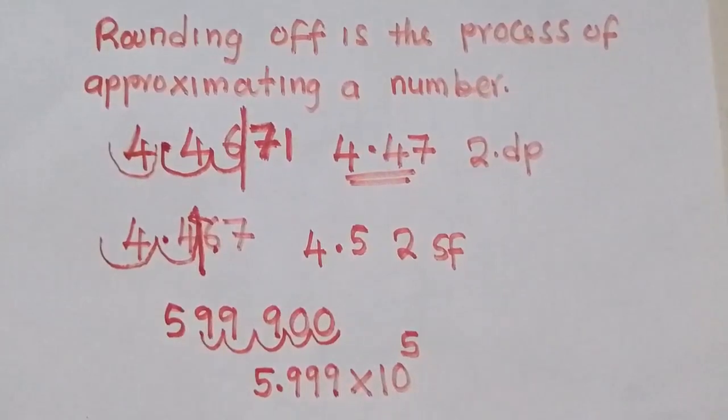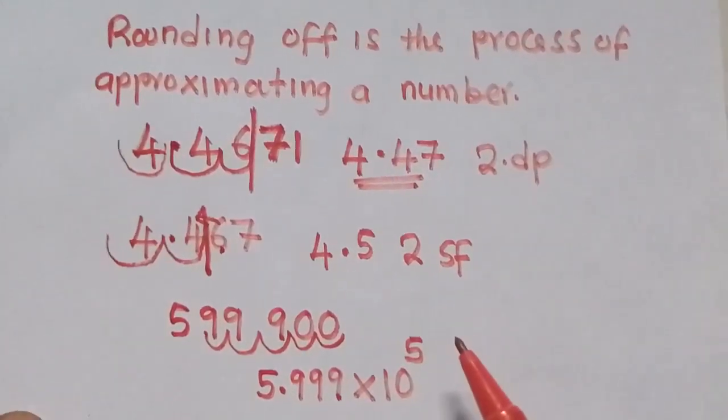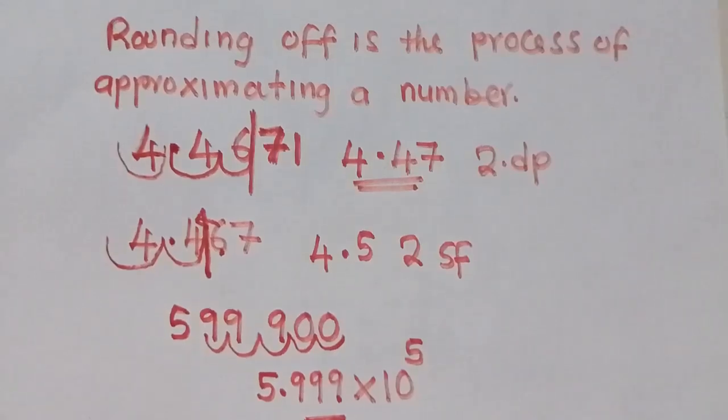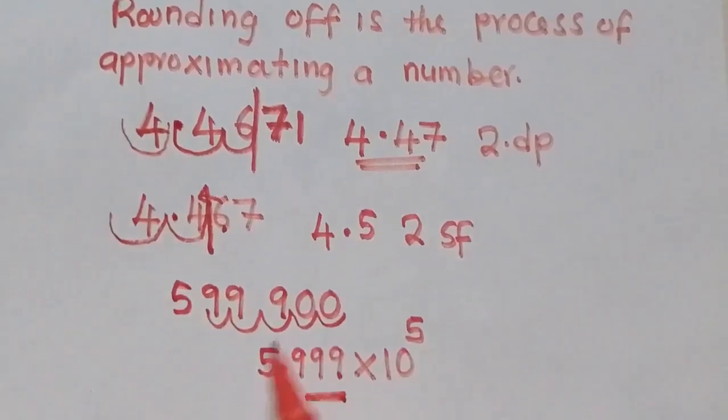So once you reach here, this is part A. You've answered part A. You've expressed this number in standard form. Then the second question is express this number correct to one significant figure. One significant figure is just the same one here, 5.